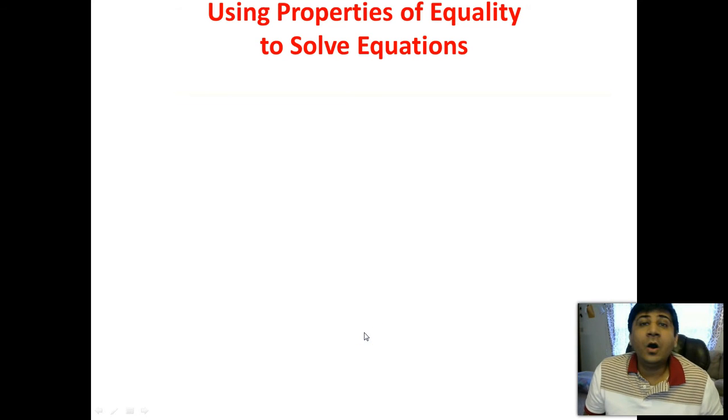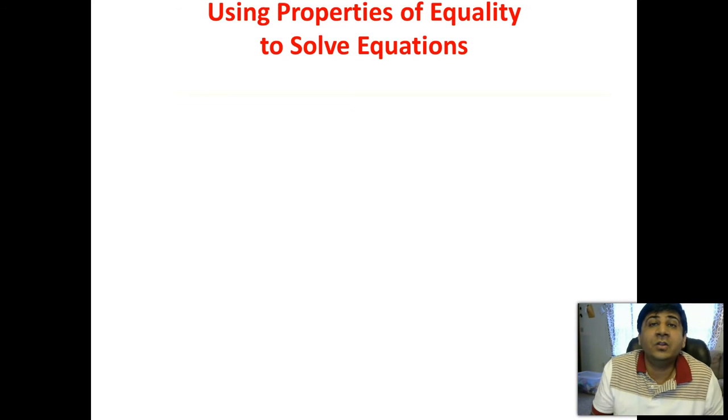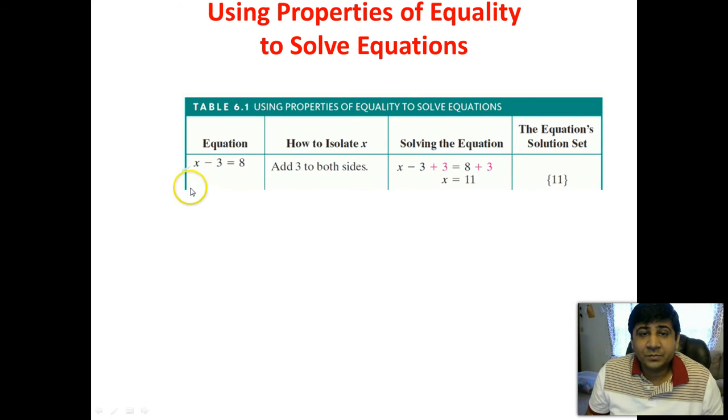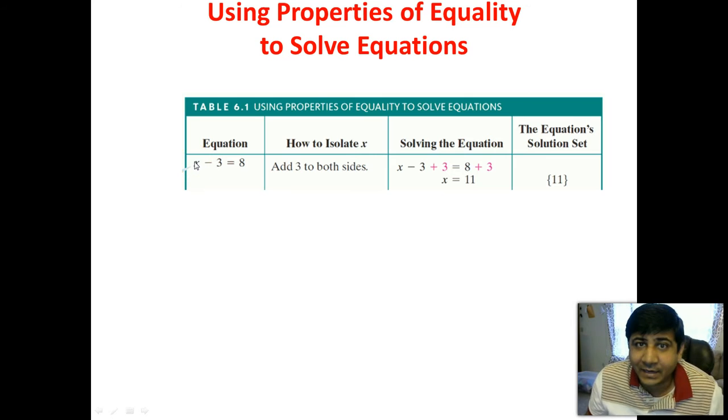Now let's see how we can use these two properties we learned on the previous slides to solve equations. Suppose this equation is given to you: x minus 3 equals 8, and you want to solve it. Remember that by solving an equation we mean that we want the value of the variable all alone on one side. We want x all alone on one side of the equation.